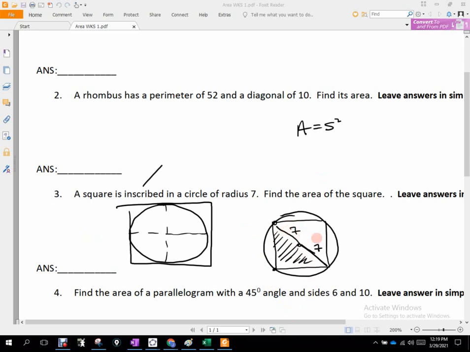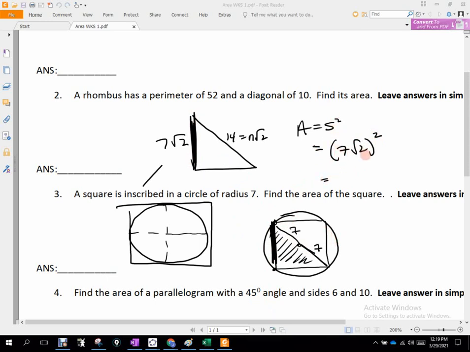So if the hypotenuse is 14, and that's your n radical 2 side, doesn't that make this side 7 radical 2? And that side right there is that side of your square, correct?